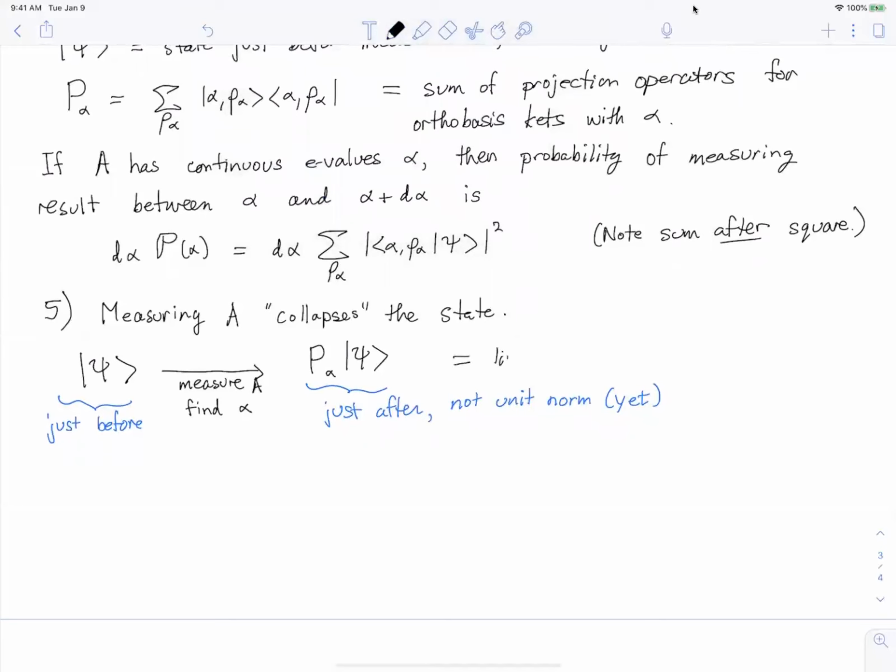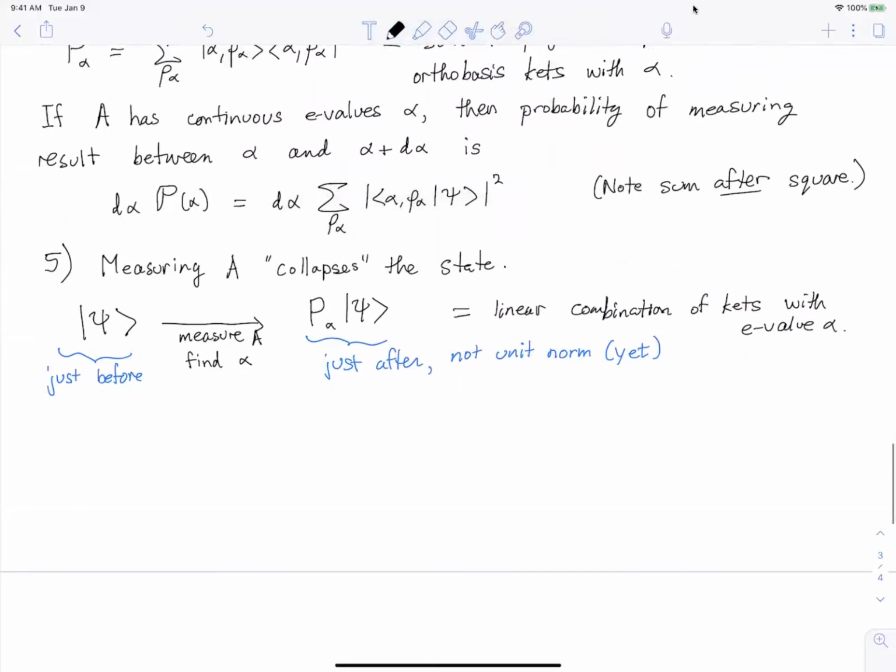Now this thing will be a linear combination of kets with eigenvalue alpha. But it's not just any linear combination of kets. There's a very specific recipe that gives you the answer: you construct the operator P sub alpha as a sum of projection operators, and you act on the state psi that you were given just before the measurement, and that tells you the result.